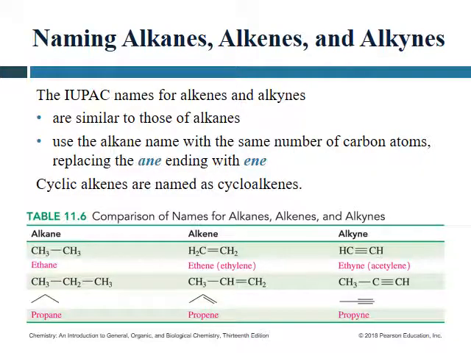Like we saw, their names are very similar to alkane. You use the name of the alkane with the same number of carbon atoms and replace ane with ene or ane with yne, depending on whether we have alkane, alkene or alkyne. So for instance, if we are drawing propene, that would be 3 carbons, 1, 2, 3 with 1 double bond.